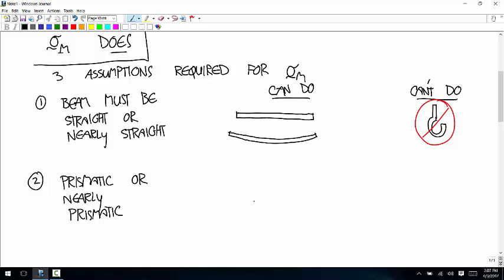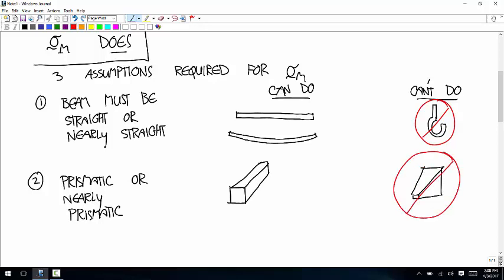So you could do something like this, but you couldn't do something like this. You also couldn't do a shape that's like a circle on one end and a square on the other end and blends between those two. That's not prismatic.